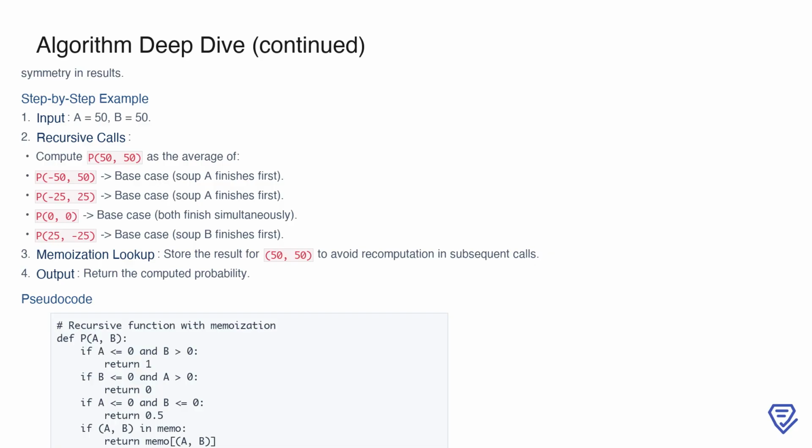Once these probabilities are calculated, the result for P(50, 50) is stored in the memoization dictionary to avoid redundant calculations if this state is encountered again. This ensures that the algorithm is both efficient and accurate.